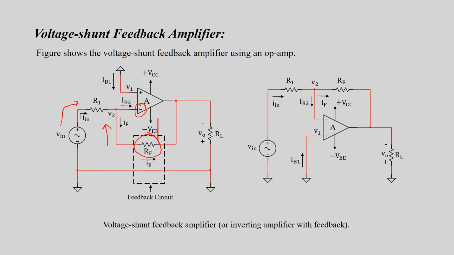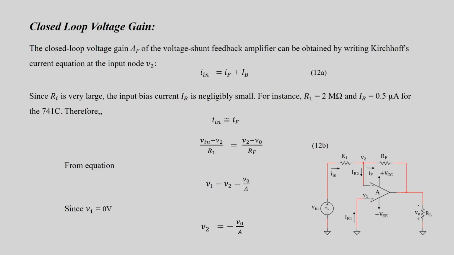So this we can very well see. This circuit is equivalent to this circuit. So we'll start with the first parameter of voltage shunt feedback amplifier, that is the closed loop voltage gain.